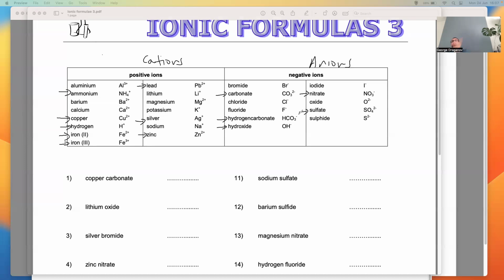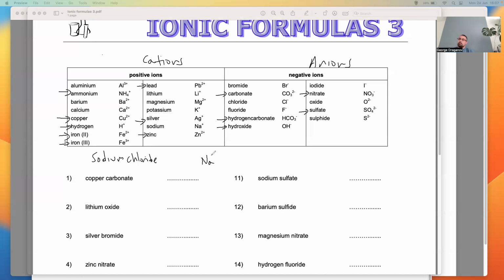It's kind of 3 different levels of difficulty with these questions. If we start with the most basic example, sodium chloride. I'm going to show you something called the crossover method. So sodium is Na.